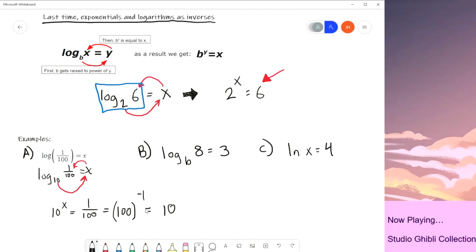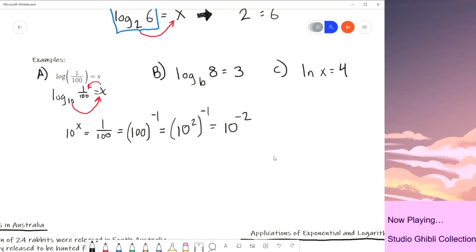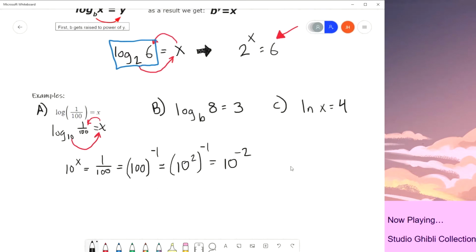It's 10 squared. If I have 10 squared to the negative 1, that is equivalent to 10 to the negative 2. So you can see here in my example that I've gotten that 10 to the x is equal to 10 to the negative 2. So what's x? It's got to be negative 2.